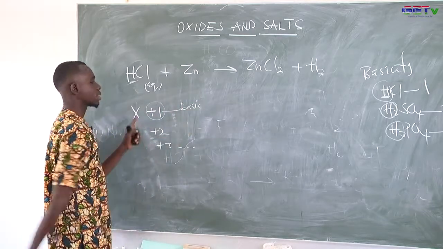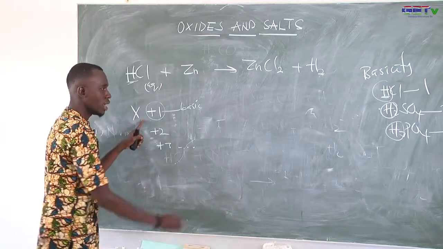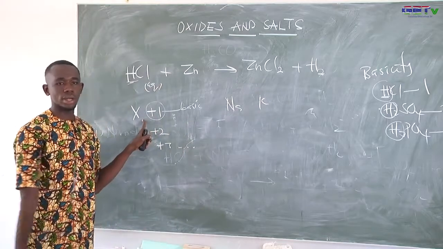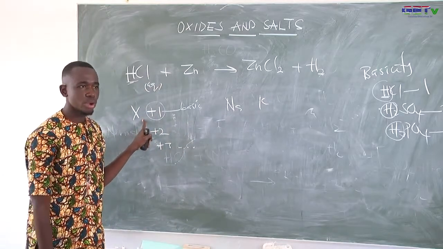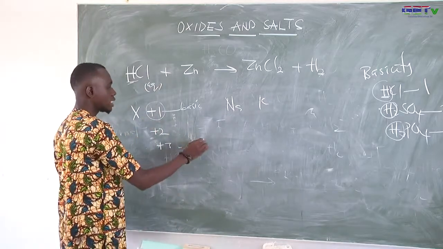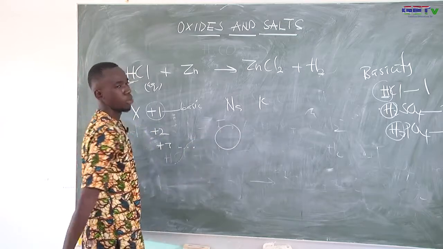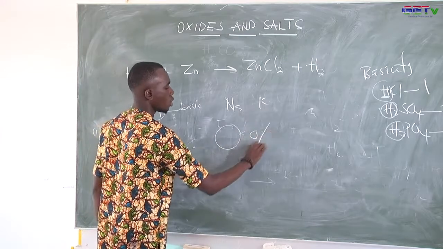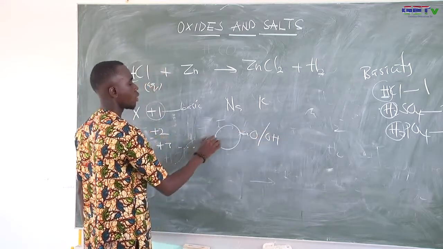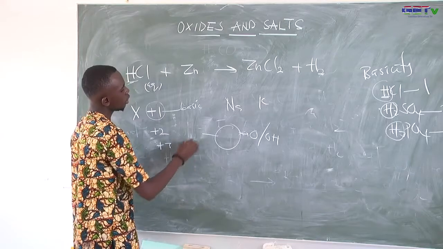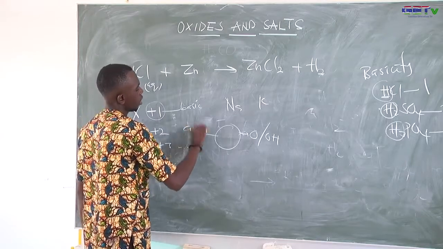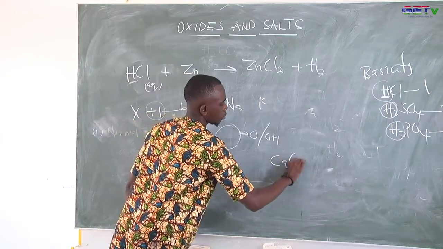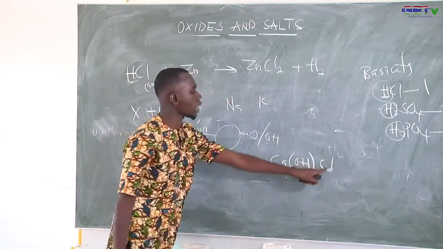So these elements cannot form basic salts. Like sodium, potassium, they cannot form basic salts. Because for a basic salt, the central atom must be able to react with the oxide or the hydroxide, and also at the other end, it will be able to react with the anion. For example, we have calcium chloride hydroxide.